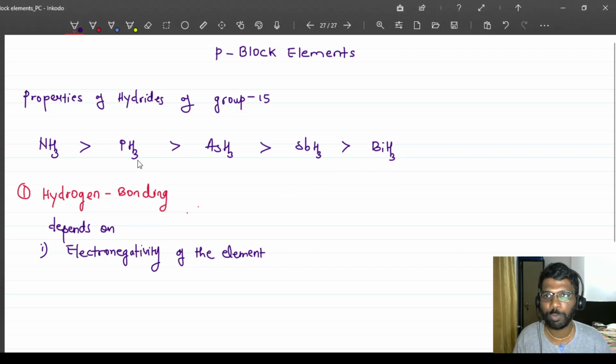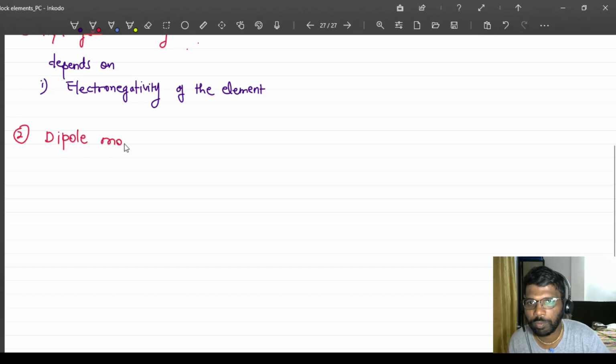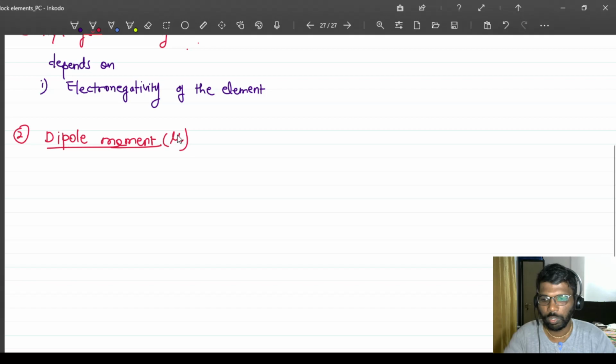The next property of the hydrides is the dipole moment, mu.